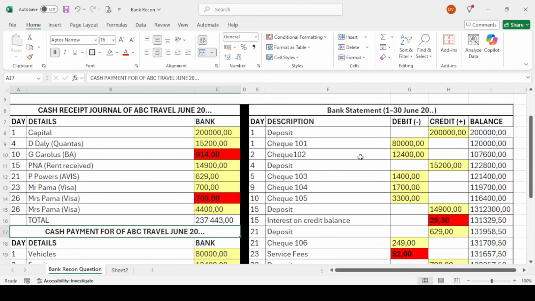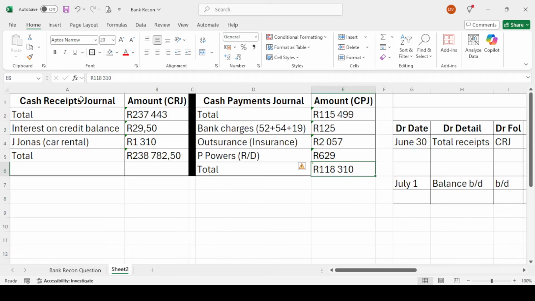You also then check on your bank statement the ones that was not ticked, right? So it means it's on the bank statement, but not on the journal. You have to then put it on the journal, and you have now already done that. You have added everything you need to add to your cash receipt journal, and you've added everything you need to add to your cash payment journal.